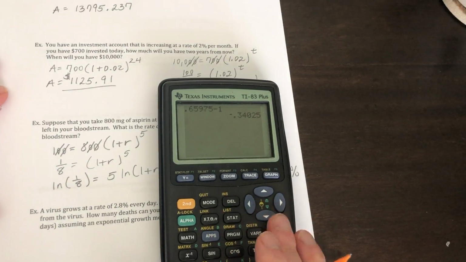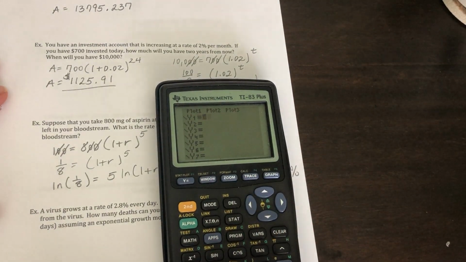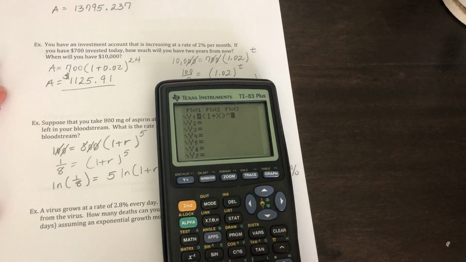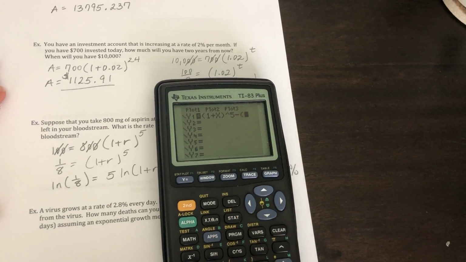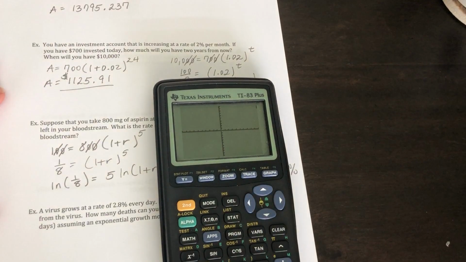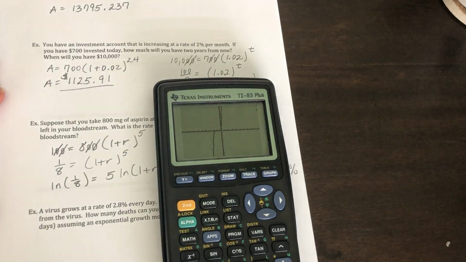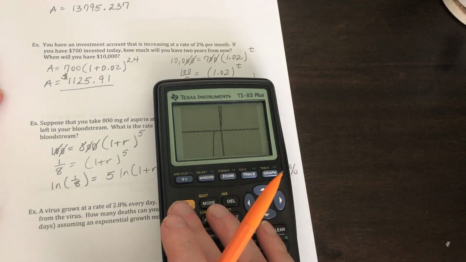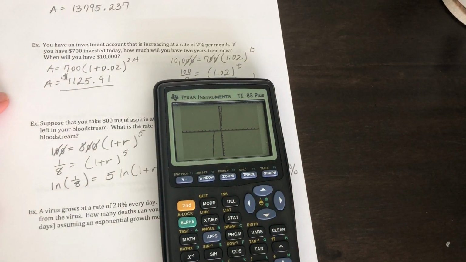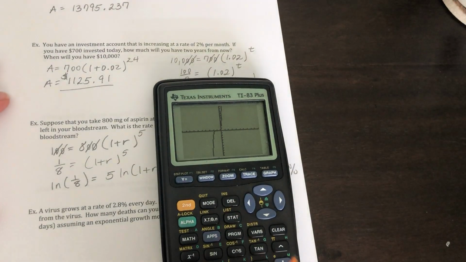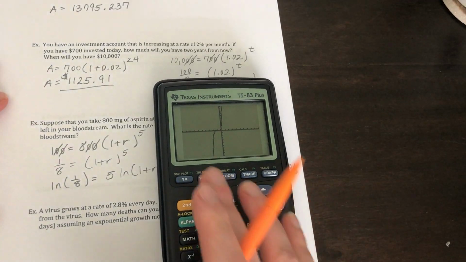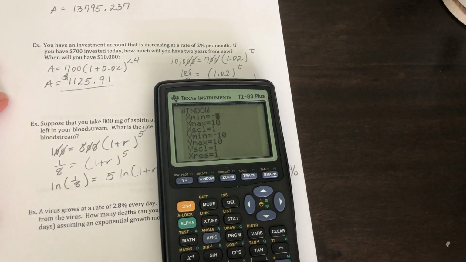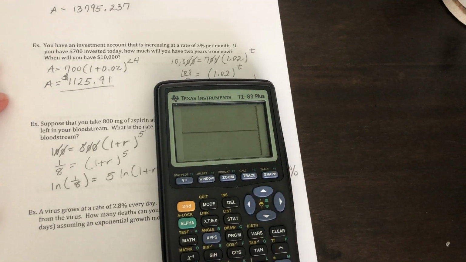So if I want to do it that way, 1 plus x to the 5th power minus 1/8. Okay, so I'm looking for decrease. So I'm over here somewhere. You know that a rate has to be in between 0 and 1 as a decimal. So let's change our window from -1 to 0.